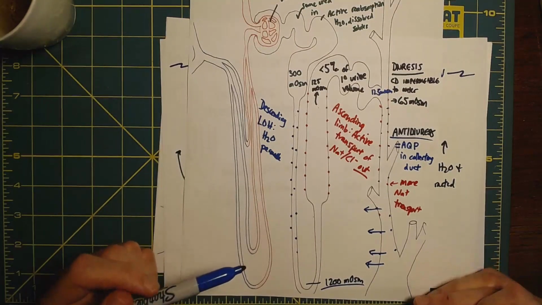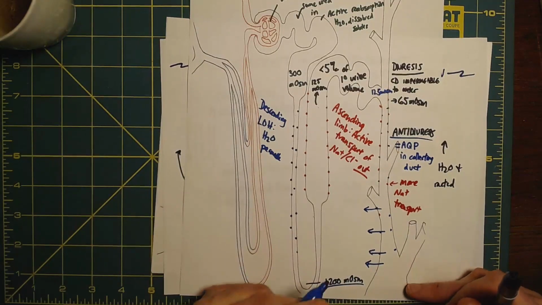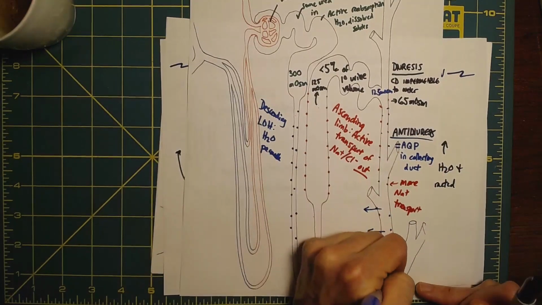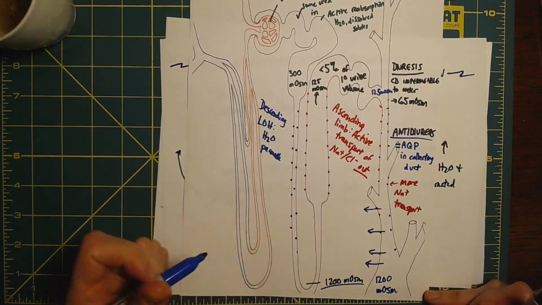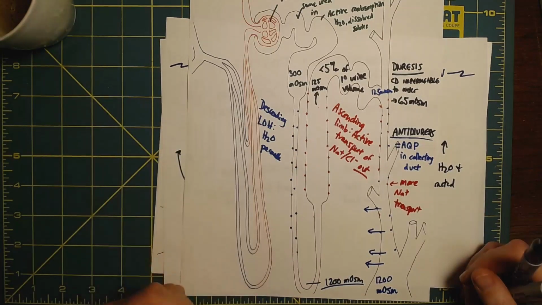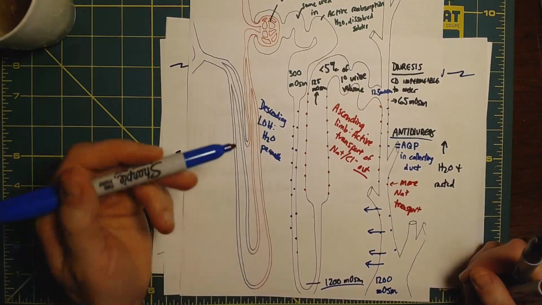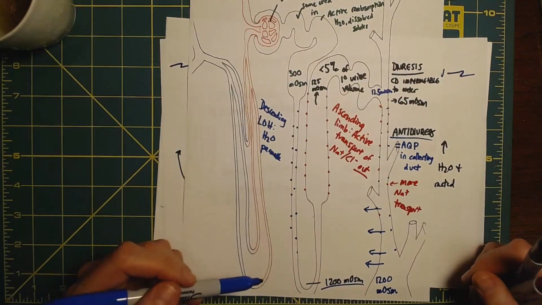And to the point where the urine osmolarity is going to be equal to the osmolarity of the interstitial fluid here, right? So we can get back up to 1200 milliosmoles. Okay, and again, if we have an animal that has even longer loops of Henle, this process can be extended and there's a potential to produce even more concentrated urine.